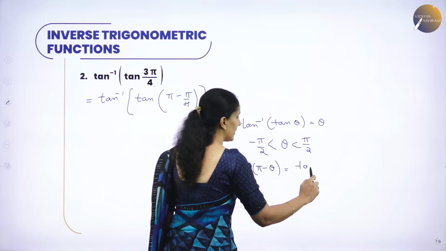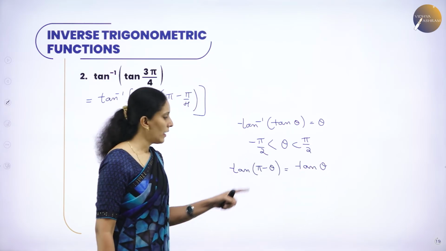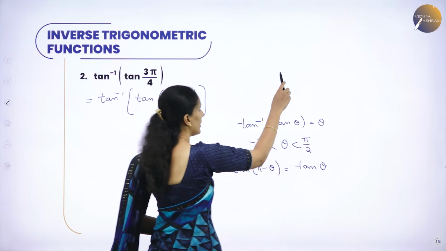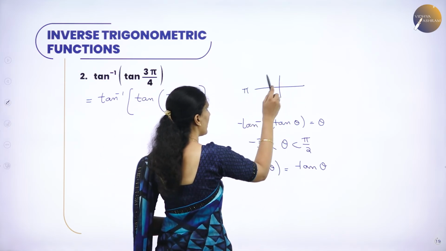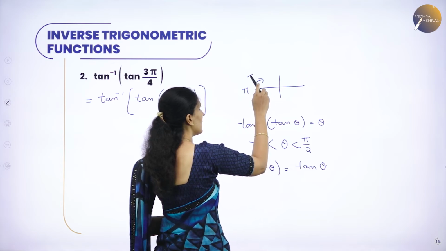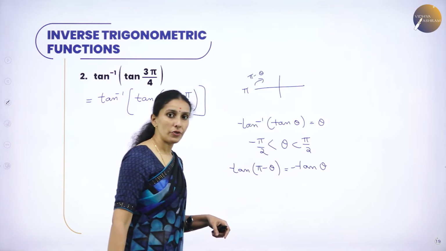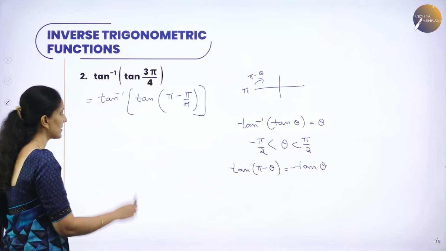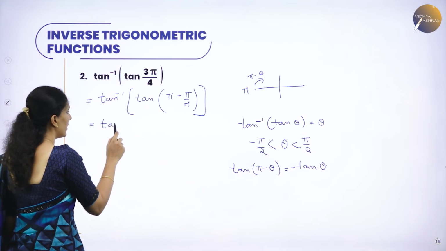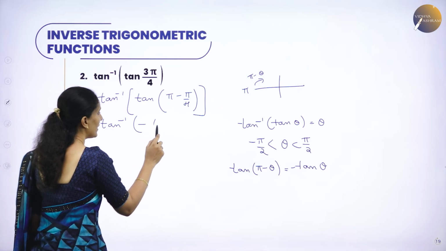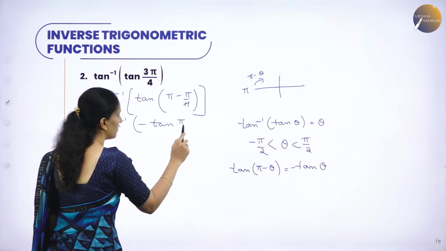And tan of pi minus theta is minus tan theta, since pi minus theta lies in the second quadrant. This is pi. So pi minus theta means it lies in the second quadrant. In the second quadrant, tan is negative. So we have to take this in the form of minus tan theta. So therefore it is tan inverse of minus tan pi by 4.